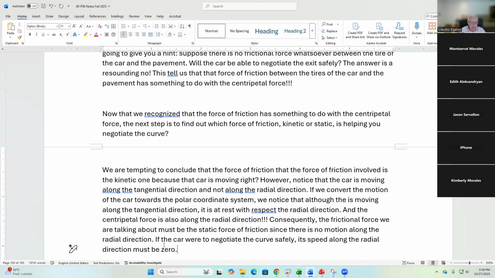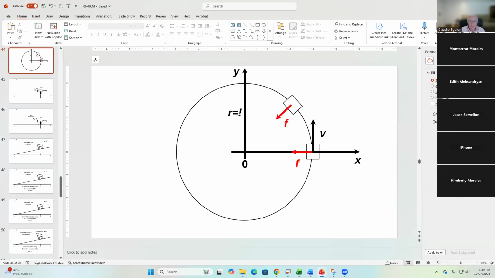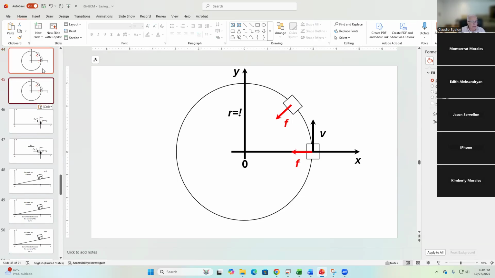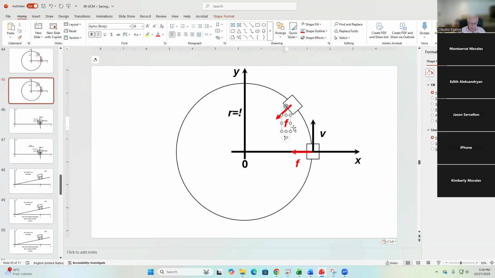Okay? So this force of friction that you see here is actually the force of static friction. That's the conclusion that you take. This force must be the force of static friction.